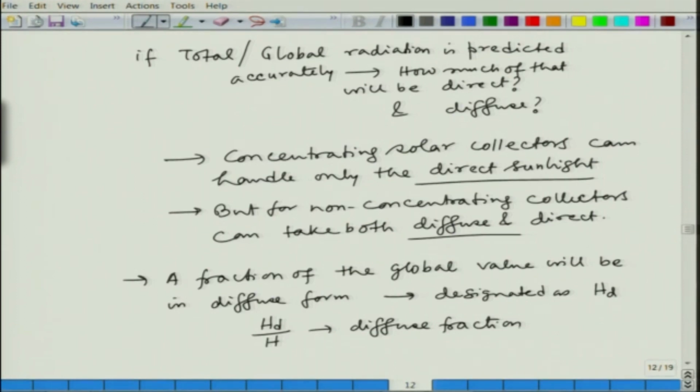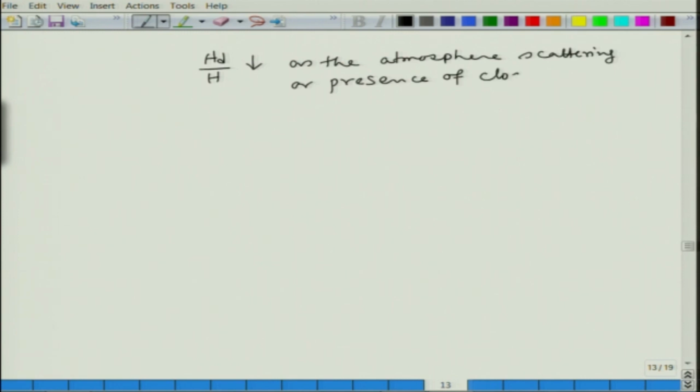Now, intuitively you can see that this diffuse fraction will increase as atmospheric scattering increases or the presence of cloud increases.